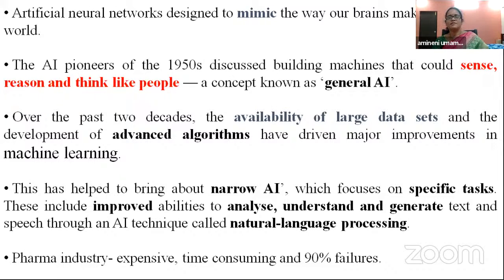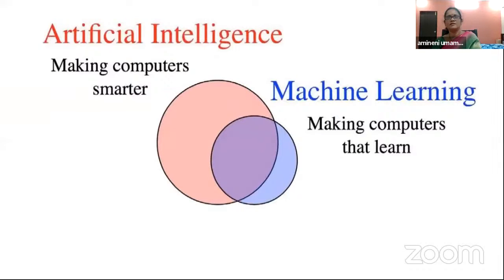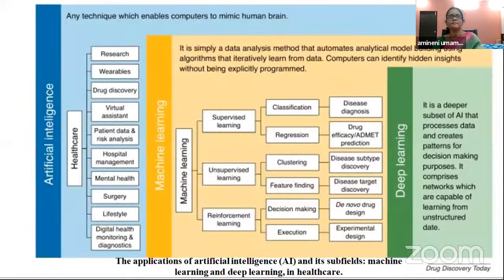To overcome this problem, scientists introduced artificial intelligence into pharmacy, and in this decade there has been a tremendous change in the pharmacy industry. Artificial intelligence is making computers smarter. How is it possible? By using machine learning, meaning we are making machines learn things. Within artificial intelligence, mainly machine learning and deep learning algorithms are useful for our studies.